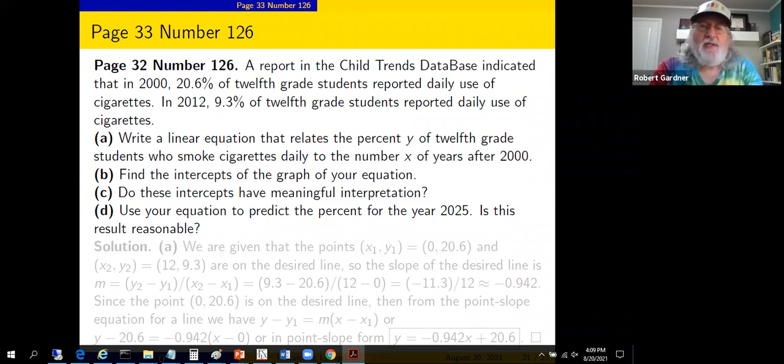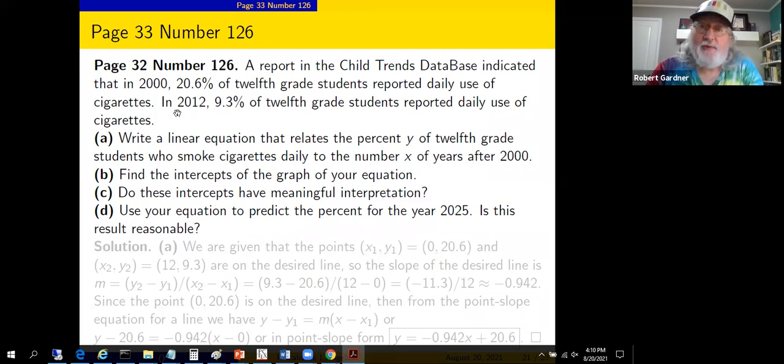Okay, so we got an X and a Y. We got 2 points, which will have to be carefully interpreted. X is the number of years after 2000. Well, in 2000, that's 0 years after 2000. X equals 0 and Y equals 20.6%. What's up with this year and percentage? The X coordinate would be 12.